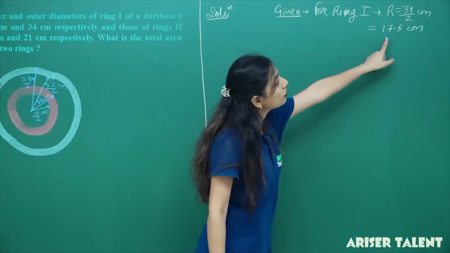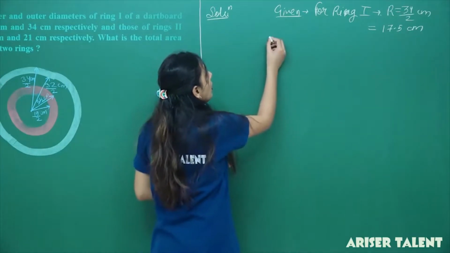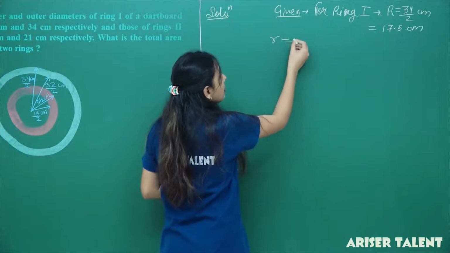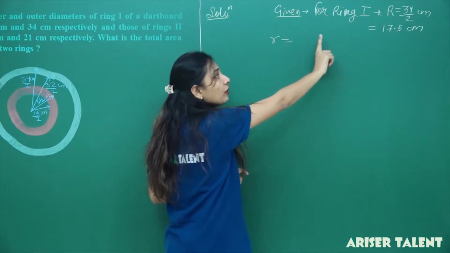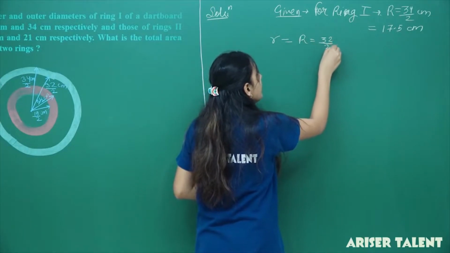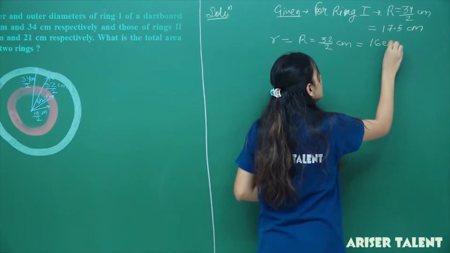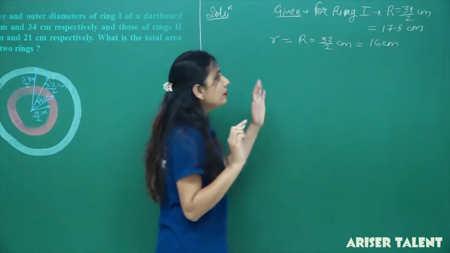Right, so R equals 17 centimeters. Now small r, I am talking about ring 1 only, r equals 32 by 2 centimeters, which equals 16 centimeters. So it's simple.